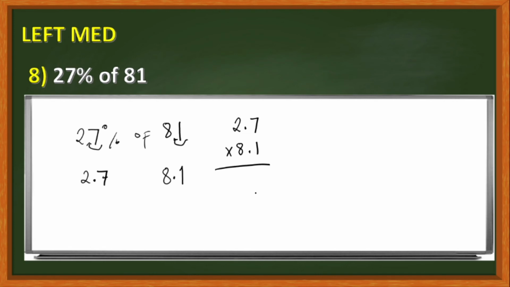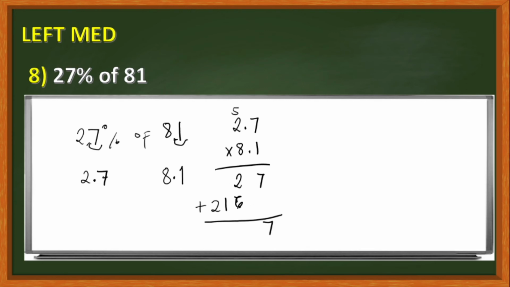So 1 multiplied by 7, the answer is 7. 2 multiplied by 1, the answer is 2. 8 times 7, the answer is 56. This would be 6. This would be 5. 8 times 2 is 16 plus 5, we have 21. Then add.